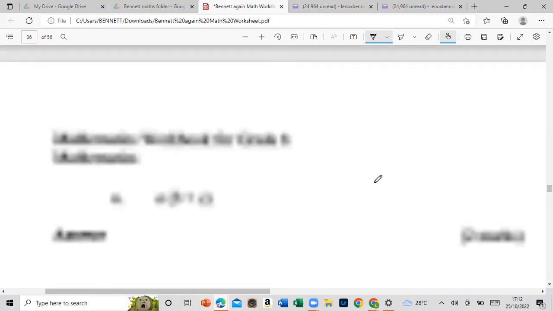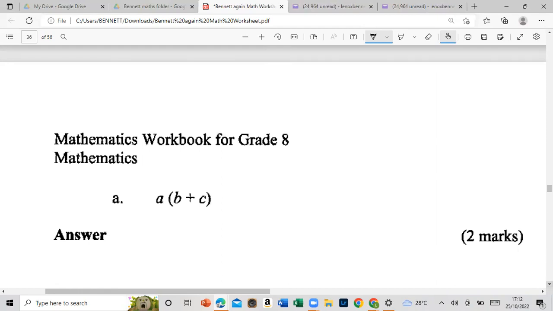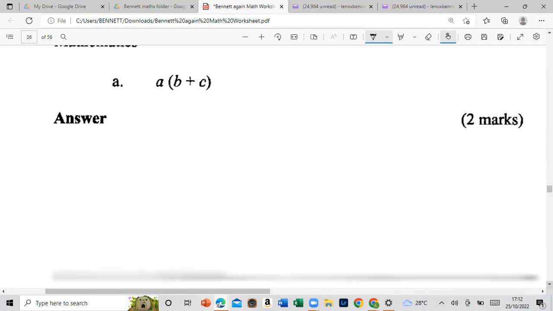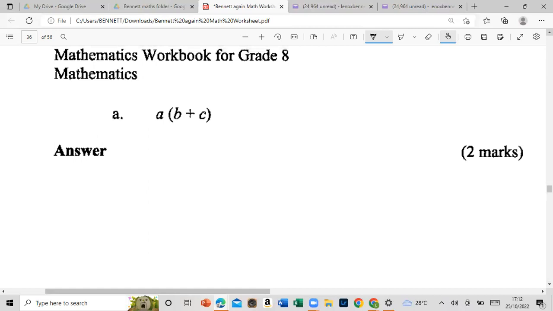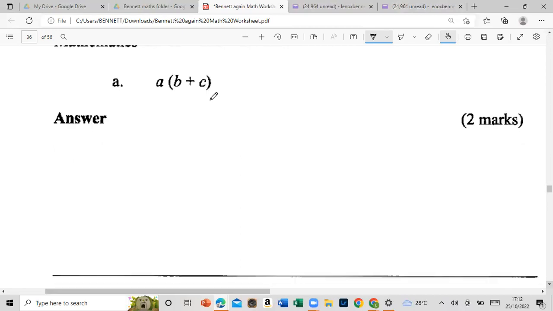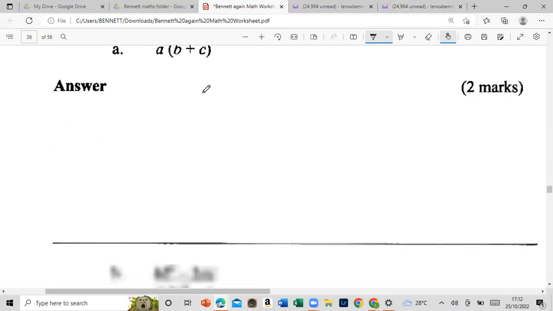Alright, let's look at this one now. So this one says A bracket B plus C. Oh, this is a fresh one. Alright. So let's see what we have.